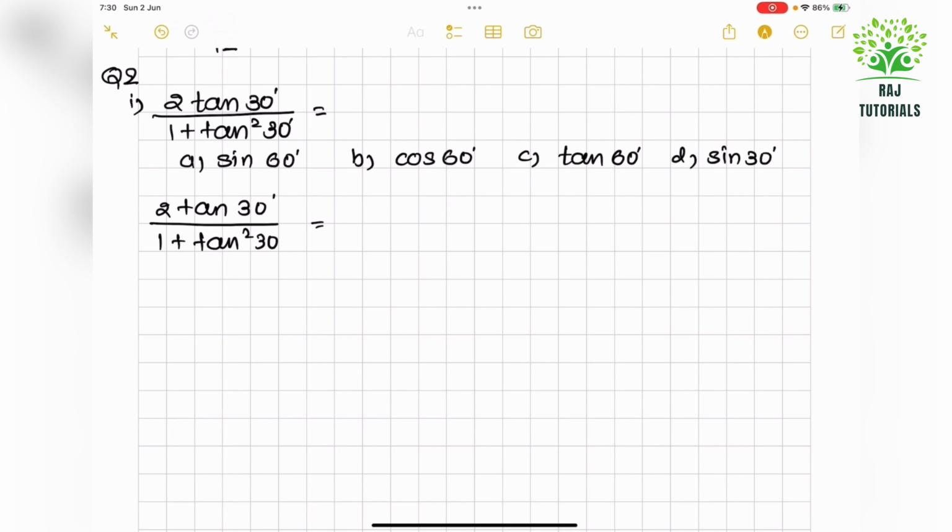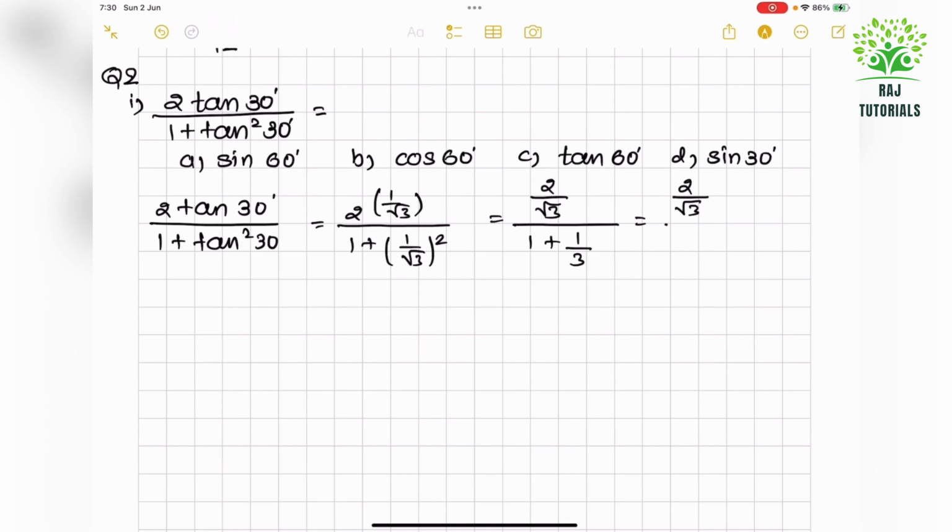So 2 tan 30, so 2 into 1 by root 3 whole upon 1 plus 1 by root 3 whole square. So this will be 2 by root 3 whole upon 1 plus 1 by 3.